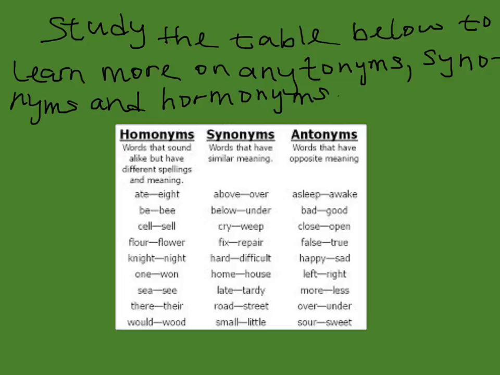Just like antonyms, you're either asleep or awake. If you're not sleeping, you're either good or you're bad. The door is either open or closed. The answer is either true or false. He is either happy or sad. If he's not happy, he is sad.